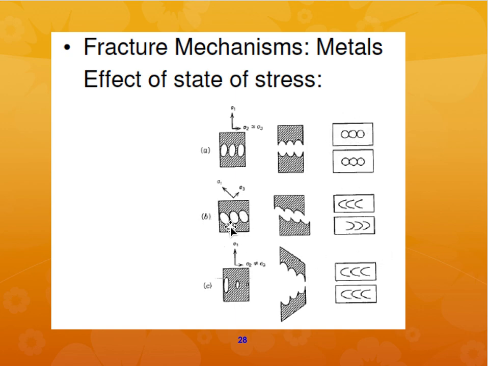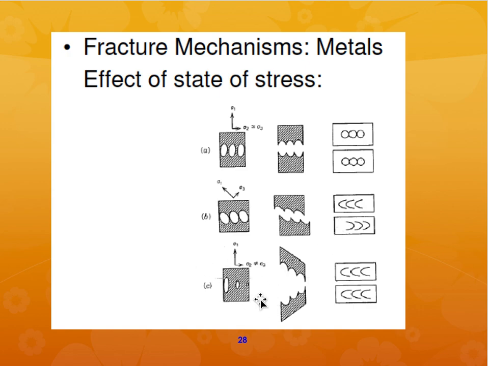But suppose you had these voids all aligned in a direction that was different from the normal to the loading direction. Then you are applying extra stresses and extra stress concentrations at the edge of these holes. Then it will fail in a slightly different manner.